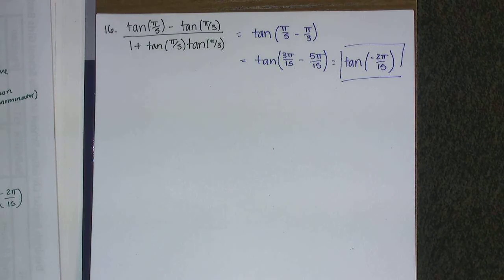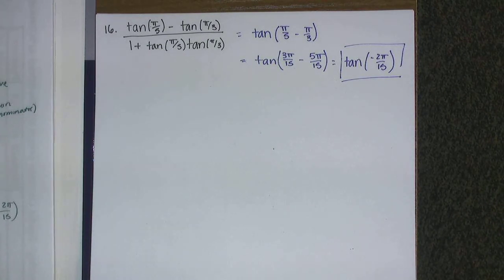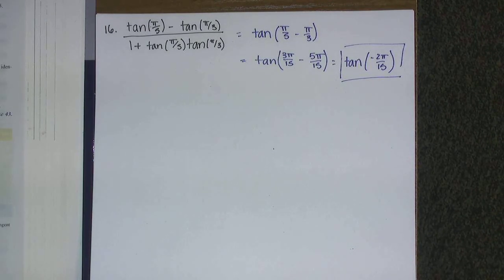So one more problem that you're going to be responsible for is a problem like 48. Okay, so with 48, it says to prove the identity. So we're proving the identity, meaning we're dealing with one side of the equation.